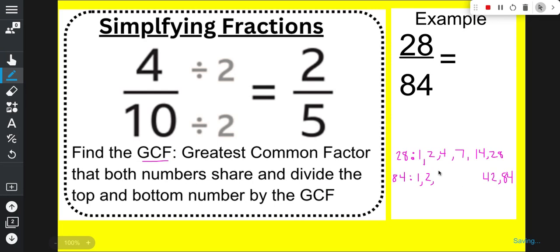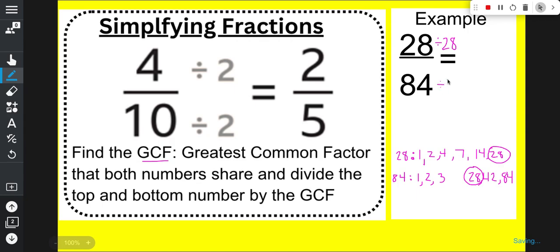My next one is 3 and 28. And I can already stop with all my factors because I see a high number that they both already share, which is 28. So I'm going to divide both these numbers by 28 because that's the biggest number that I can divide them both by.